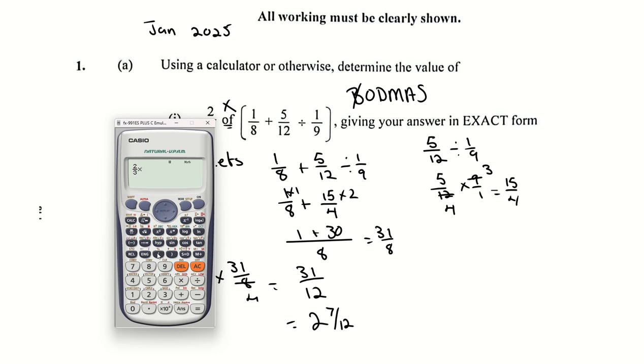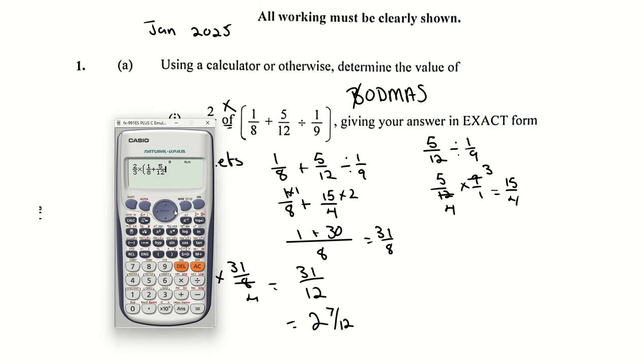multiply by, open bracket, first fraction is 1/8 plus, the next fraction is 5/12.